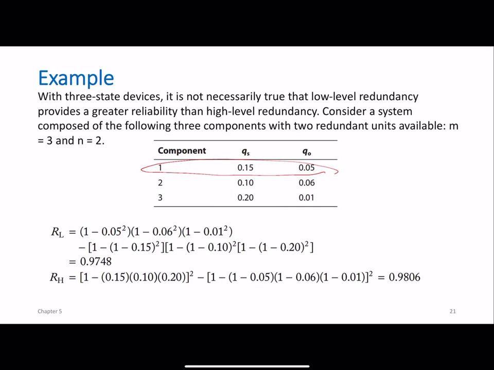If we follow the formulas that we just went over, we see that the reliability of low-level redundancy is 0.97 and the reliability of high-level redundancy is 0.98, which shows that in this case, it's not always the case, but in this case, the reliability of high level is greater than the reliability of low level, which wasn't the case for two-state components. All right, that's all I had for three-state components.